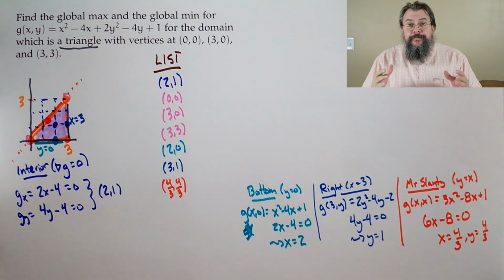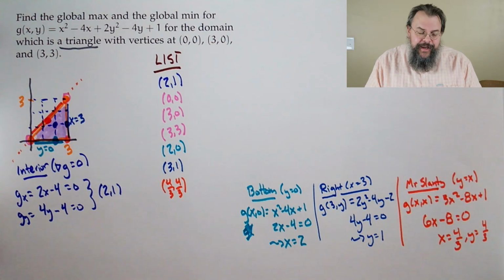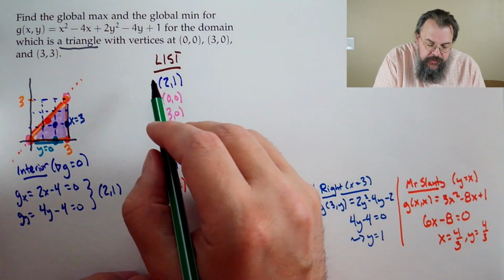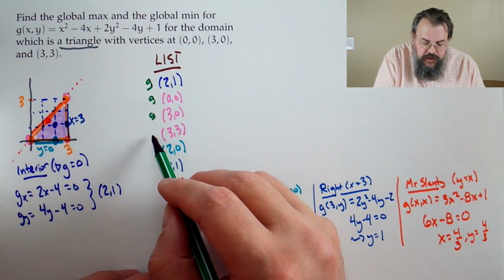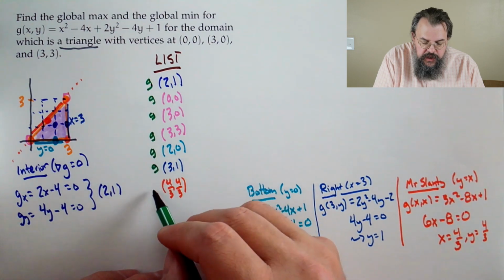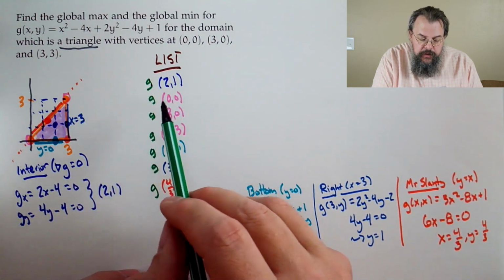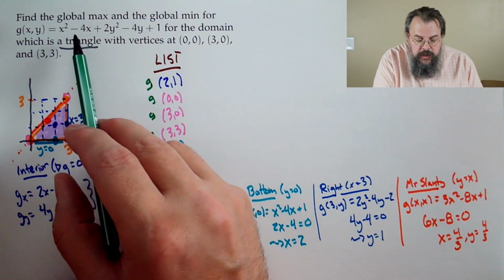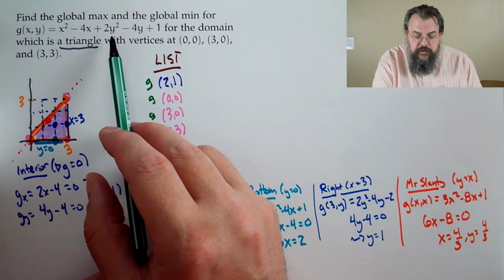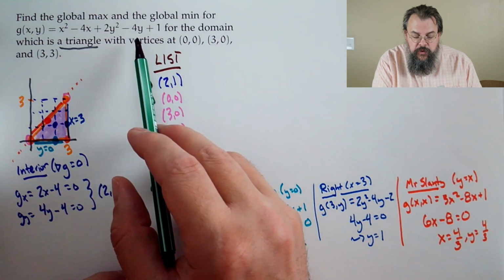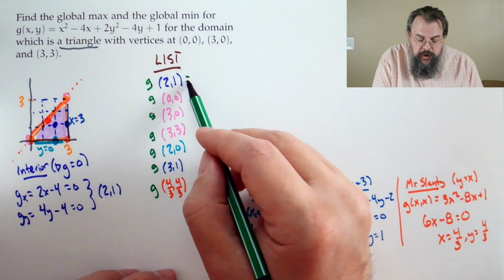The last thing to do is plug in. Well, I should say the second to last thing, the last hard thing to do. So we're plugging everything into our function g. When you plug in (2, 1), that'll be 4 minus 8, that's negative 4, plus 2, it's negative 2, minus 4, that's minus 6, plus 1, I think that's minus 5.